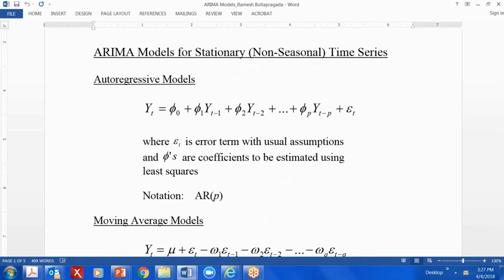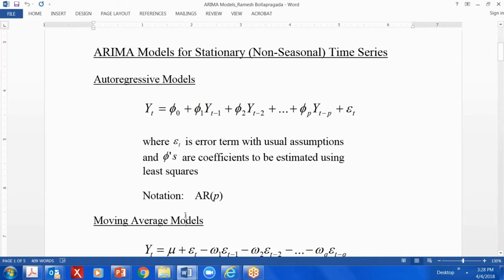AR(p) means you are considering up to p lags. P is a variable, so we need to decide what the value of p should be. There is a theory that tells us how many lags you want to go backwards. Should you stop at T minus 2 or T minus 3, or go up to T minus 10? That depends on the problem, and for the most part, you won't go more than 3 or 4 lags.